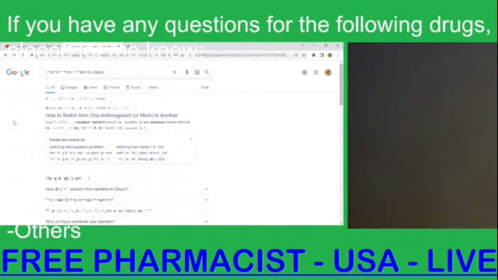Then I would reduce the dose or take a partial dose and then retest the INR in 1 week to make sure the INR level is therapeutic before switching to the Eliquis. And when the INR is at the therapeutic level, then just hold 1 or 2 days prior to starting the Eliquis to make sure the INR is.